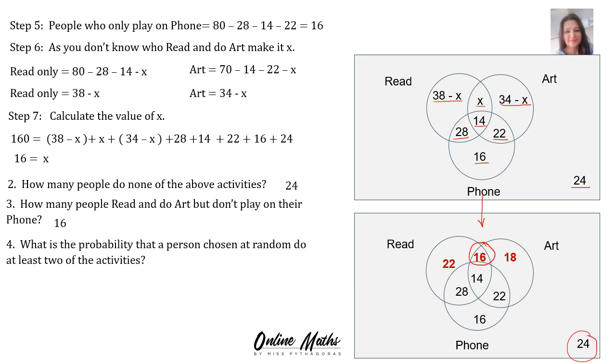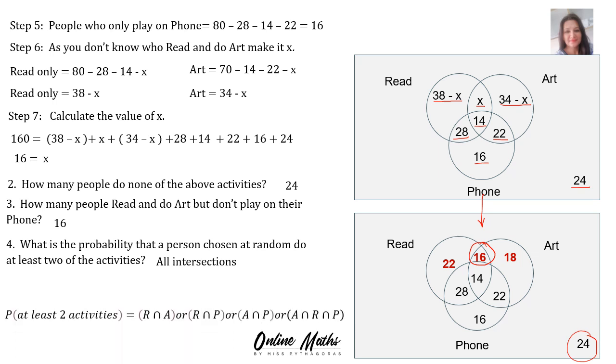And then number 4, what is the probability that a person chosen at random does at least 2 of the activities? That means it's all the intersections. So we want probability.